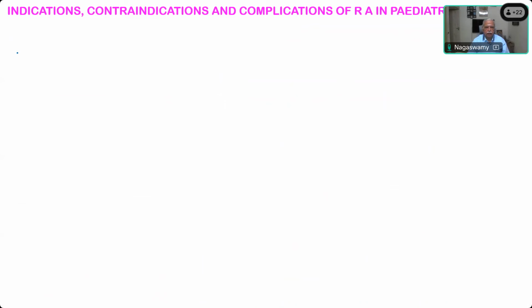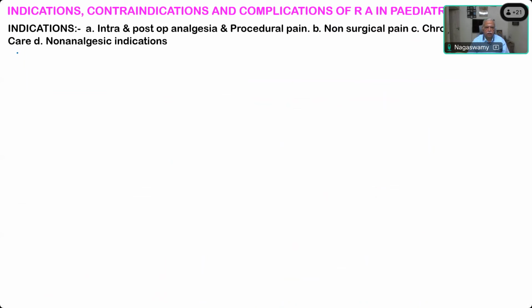Now coming to indications, contraindications and other problems. Indications are intra and post-op analgesia or procedural pain, you can use them. And non-surgical pain like chronic and palliative care, you can use regional techniques, especially in children with congenital carcinomas or blastomas and other tumors and other overall pain.